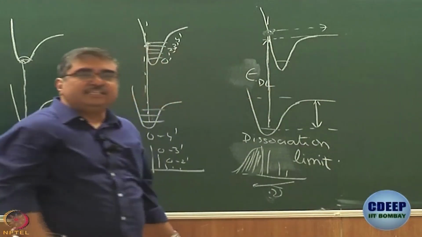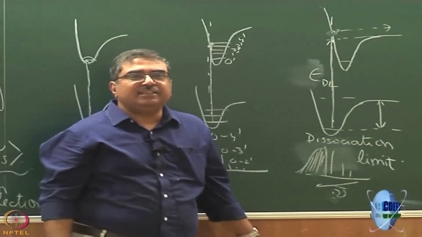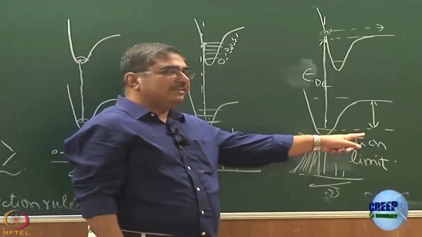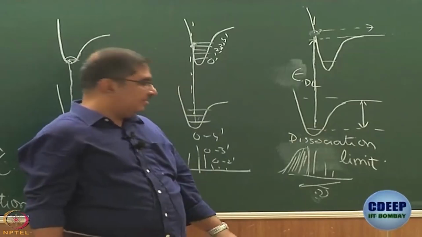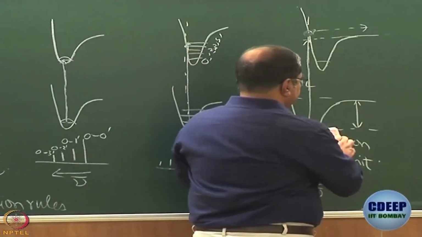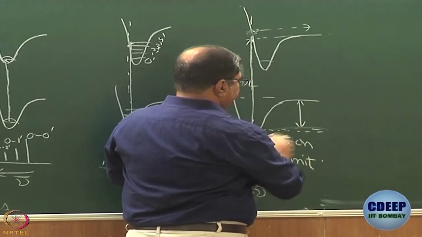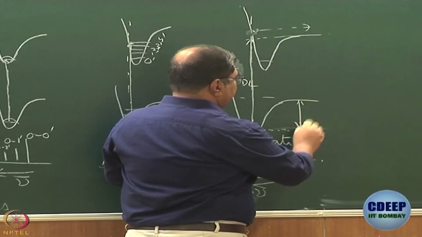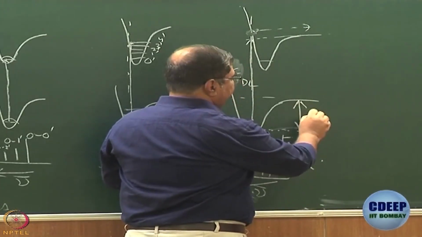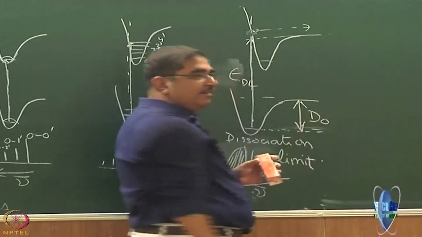This is something that we have studied when we talked about the anharmonic oscillator. What is this energy? What does that mean? How do we write it? We write d0, isn't it?